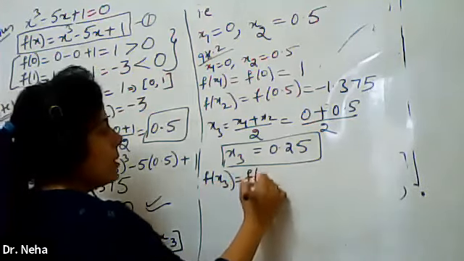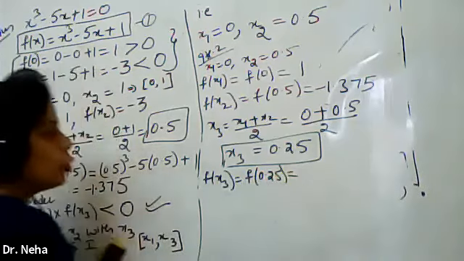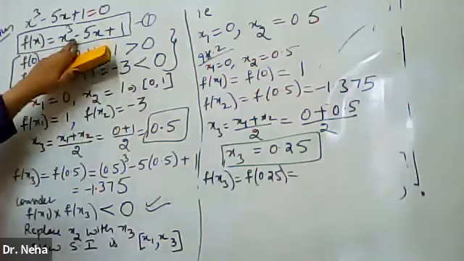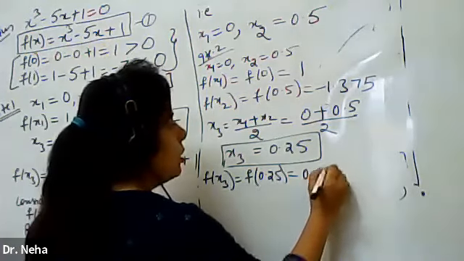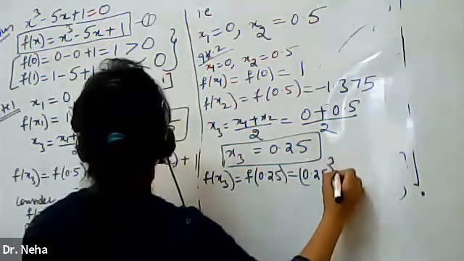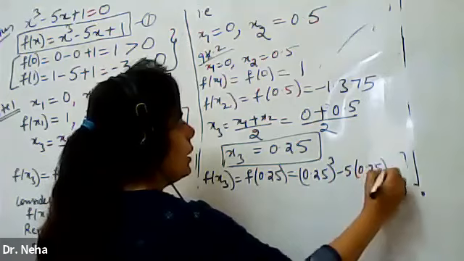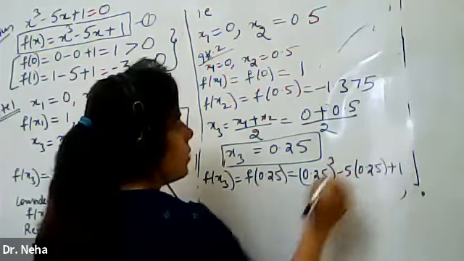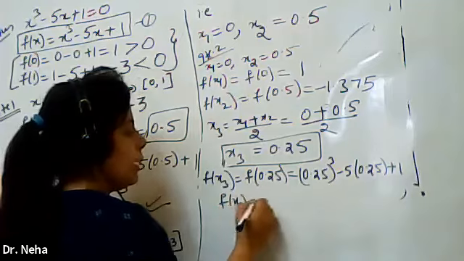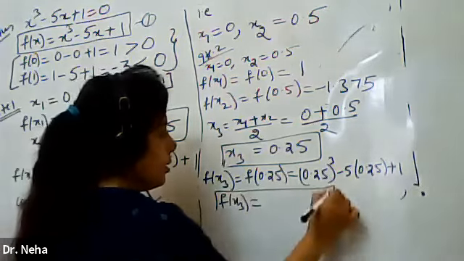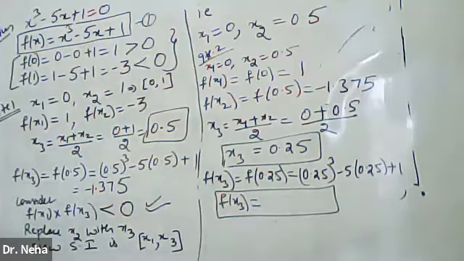f(x3). That means f of 0.25. How to find? By using again equation number 1. That means 0.25 cube minus 5 into 0.25 plus 1. Now, for this, you need calculators. f of x3. If anyone is doing it, he or she can tell me.